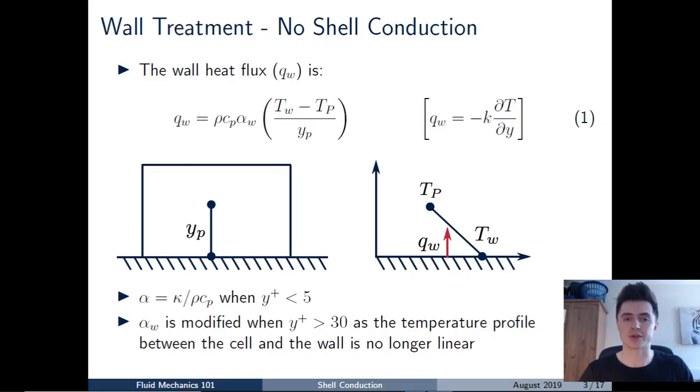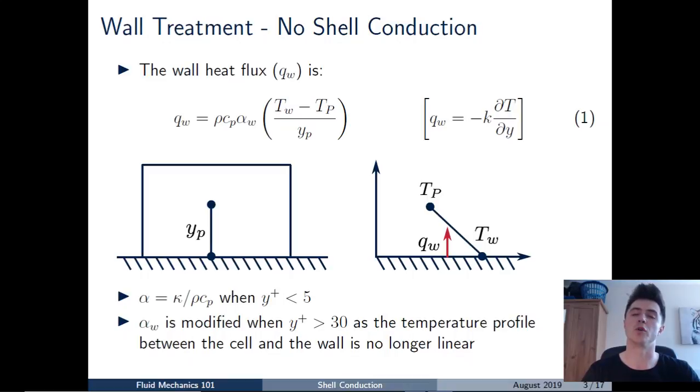And just to reiterate, that's because the temperature gradient across the cell in the finite volume method is always linear.